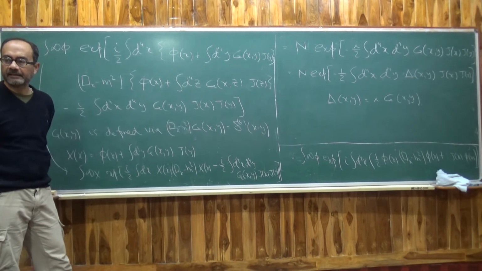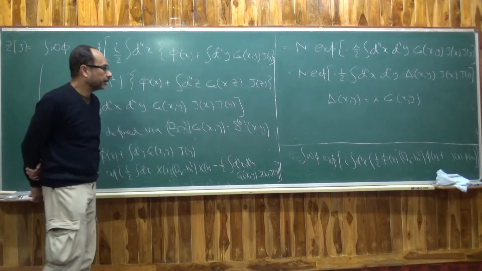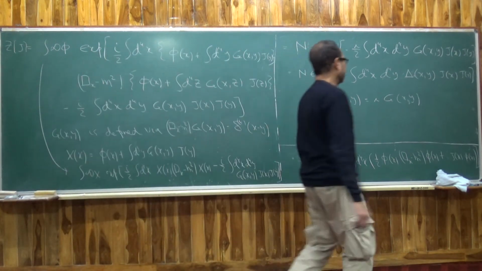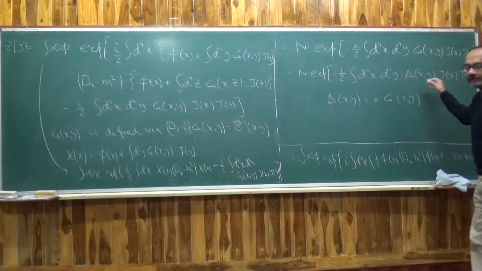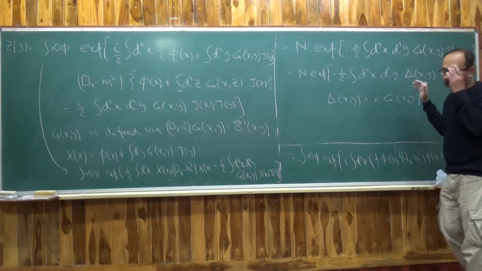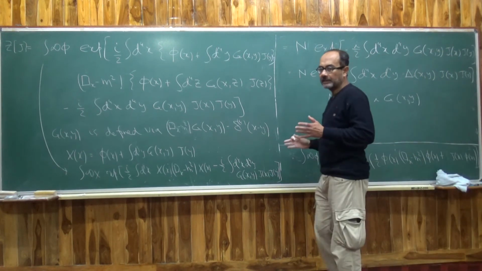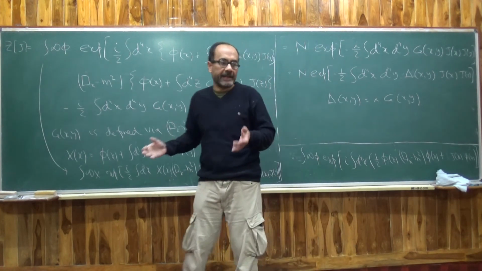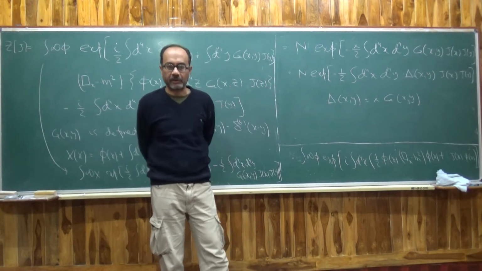Is this clear? So basically this is all you need for free field theory. This is our z of j, and now any Green's function that you want to calculate, you just have to differentiate with respect to j, and at the end set j equal to 0.